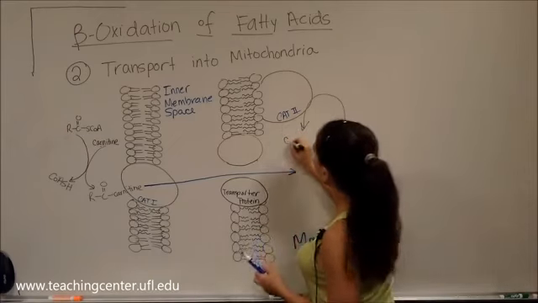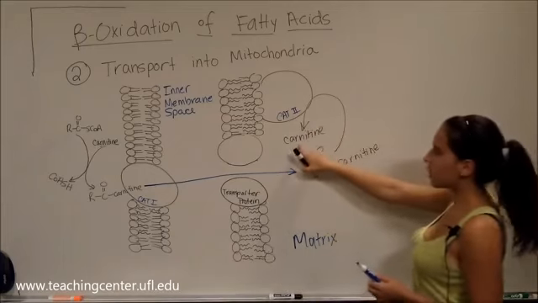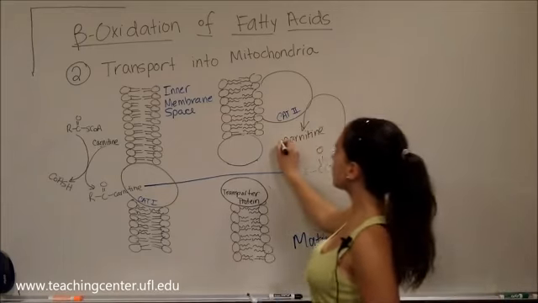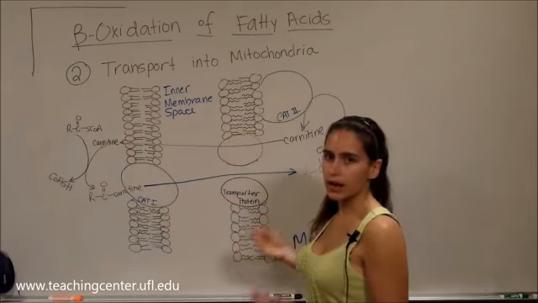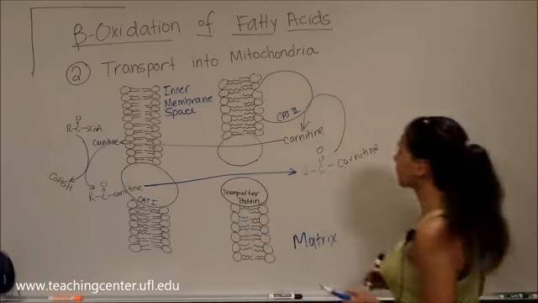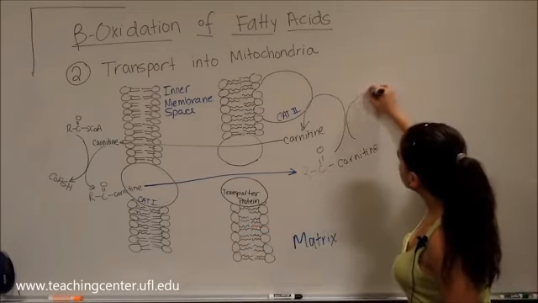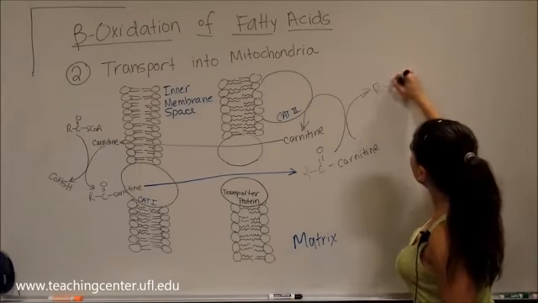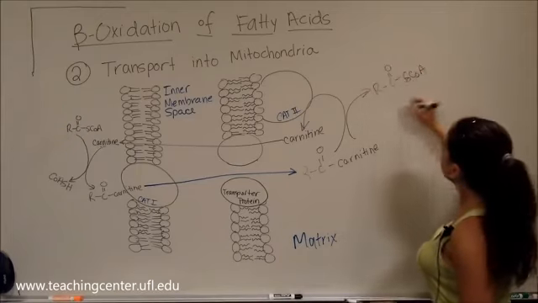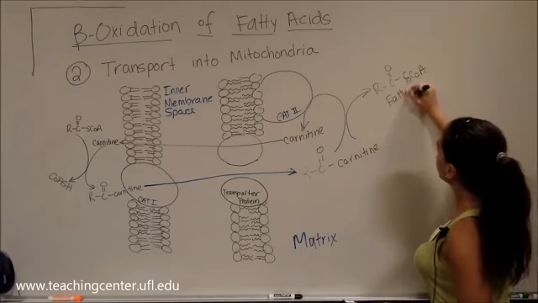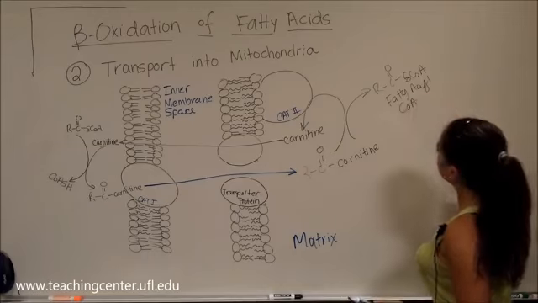And our carnitine here that we've taken off is going to be reshuttled back out and reused to bring in more fatty acyl-CoAs into the matrix, where beta oxidation is going to occur. And our fatty acyl is going to be returned to its fatty acyl-CoA structure.